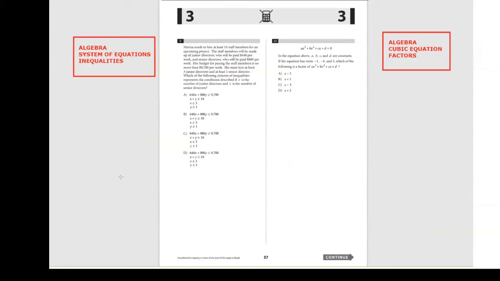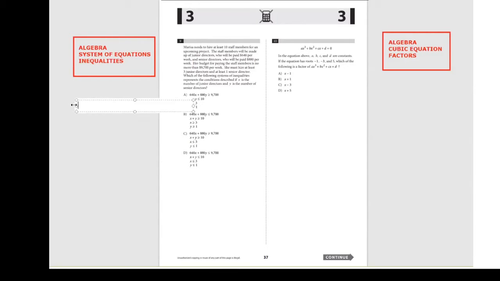All right, Justina, can you also read number 9, which now is not Maria, it's Marissa. Marissa needs to hire at least 10 staff members for an upcoming project. The staff members will be made of junior directors who are paid $640 per week and senior directors who will be paid $880 per week.